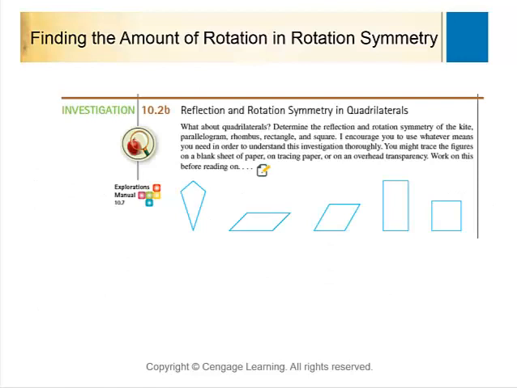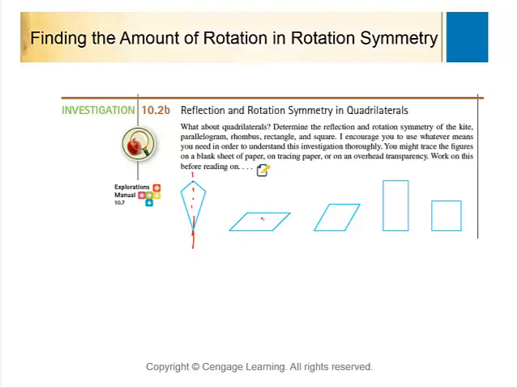So let me get my pen here and we'll look at the different types of symmetry that we have here. I could see that this has that reflection symmetry right there, because if I draw that straight line, there he is. I don't see a way to rotate him and have him back on top of himself.